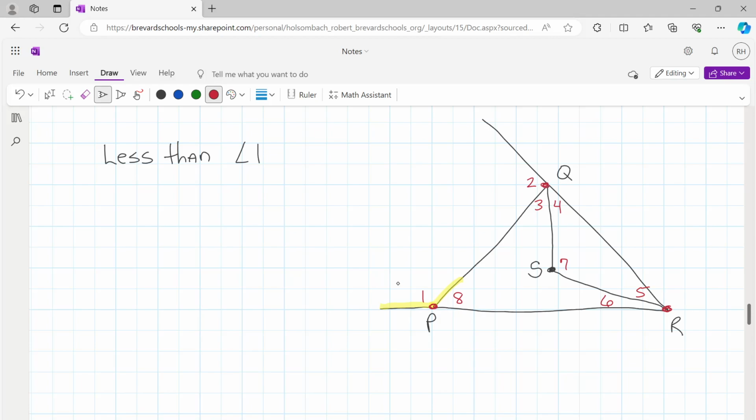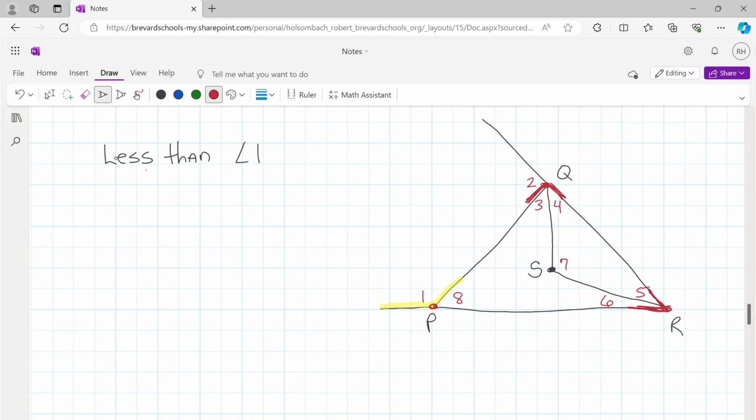So since it's an exterior angle to triangle PRQ, like we said earlier, don't angles 5 and 6 make up one of its remote interior angles? And doesn't the combination of angles 3 and 4 make up its other remote interior angles? So since that's the case, then angle 1 has to be greater than 3 and 4.